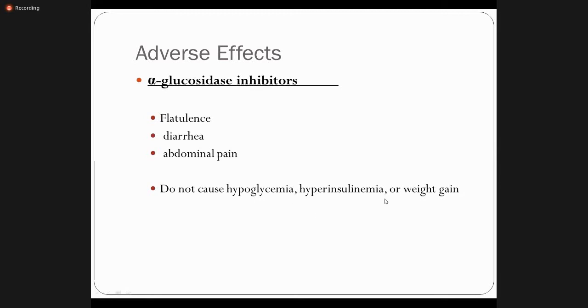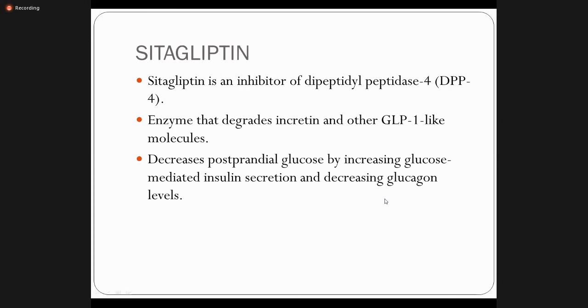Hyperinsulinemia or weight gain. Now, this is the new drug, but nowadays in the current clinical setup, the diabetologists are using this drug sitagliptin and other derivatives of this group, which is basically an inhibitor of dipeptidyl peptidase 4.